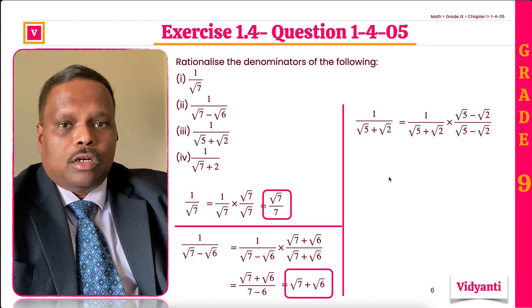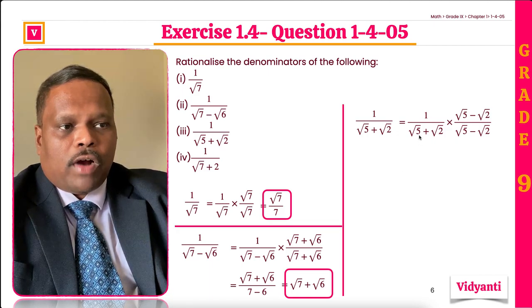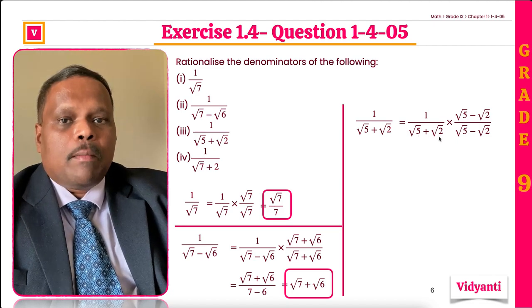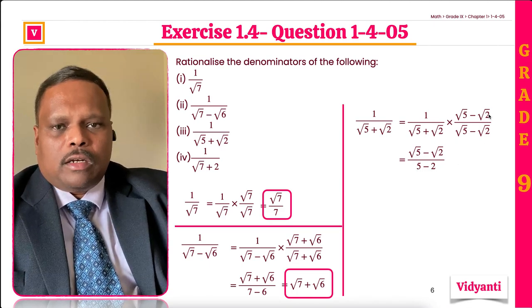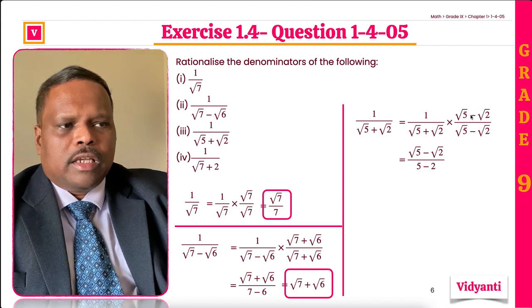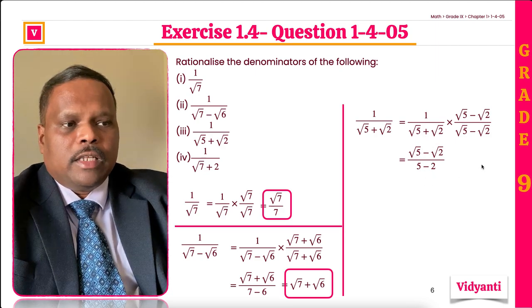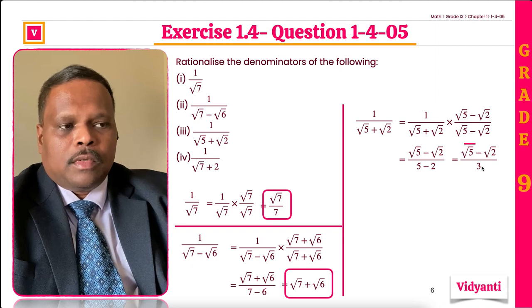So the new denominator after multiplication will be 5 minus 2, because it's always a square minus b square. In the numerator, nothing really happens. You get the same term because multiplying by 1 doesn't do anything. Now 5 minus 2 can be simplified as 3. So the final answer will be root 5 minus root 2 divided by 3, and that would be your rationalized answer.